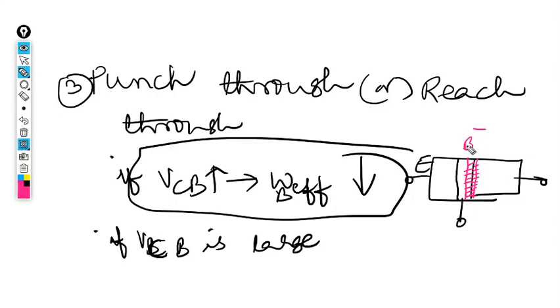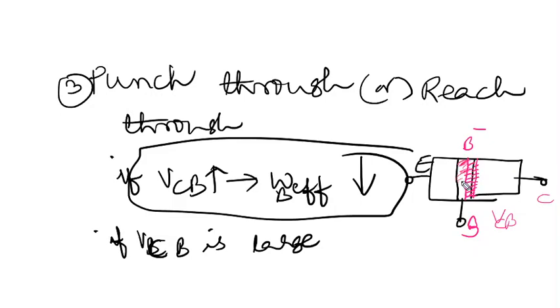So if VCB increases, the depletion region can penetrate more into the base, and for a large value of VCB, this effective base width becomes 0.